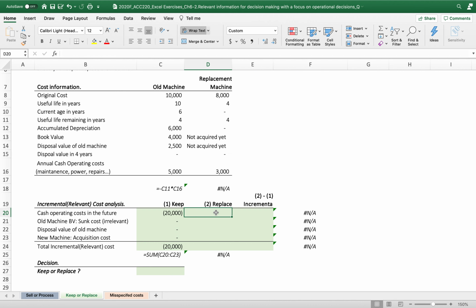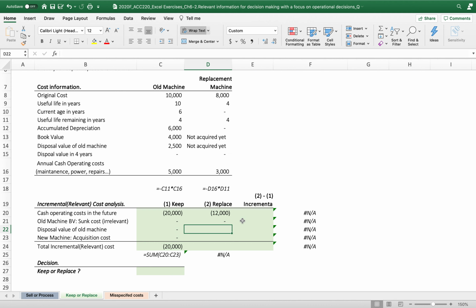Now let's move on to the replacement. In the replacement, how much is the cash operating cost if we purchase the new machine and run it 4 years? Right, 3,000 times 4 years, so $12,000 is the cash operating cost in the future. Then the old machine is sunk cost, it's irrelevant.